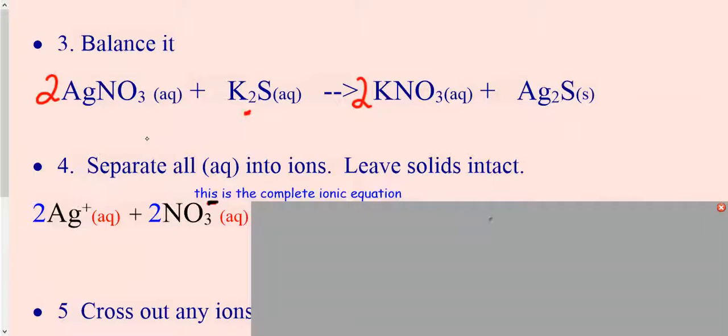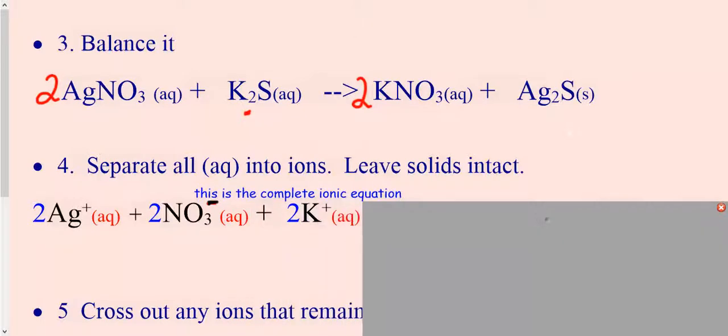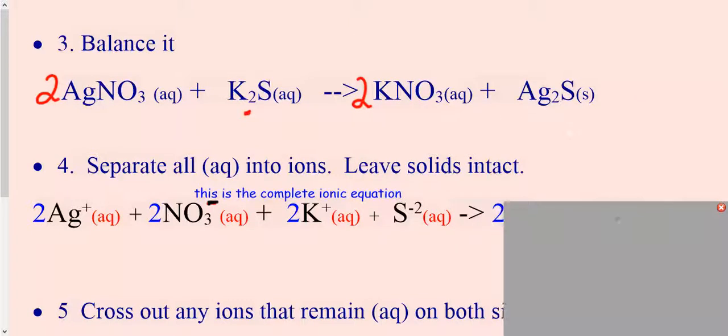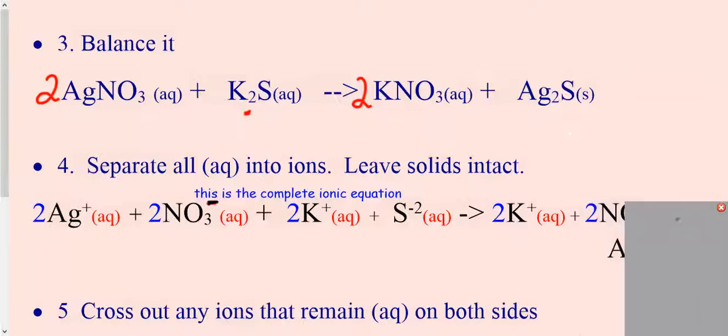I have 2 Ks, so 2K+ (aq), and 1 sulfide ion, S2- (aq). Do the same thing for the other side: 2 Ks, so 2K+ (aq), and 2NO3- (aq). Leave the solid intact. Do not separate it into its ions.